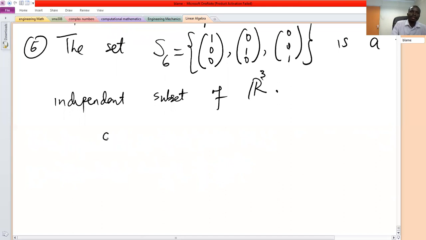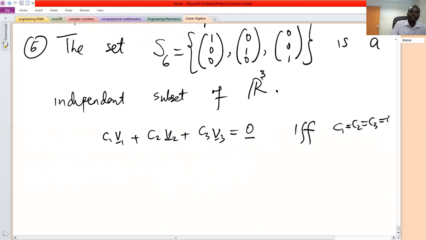That means that C1 V1 plus C2 V2 plus C3 V3 equals the 0 vector is true if and only if C1 equals C2 equals C3 equals 0.